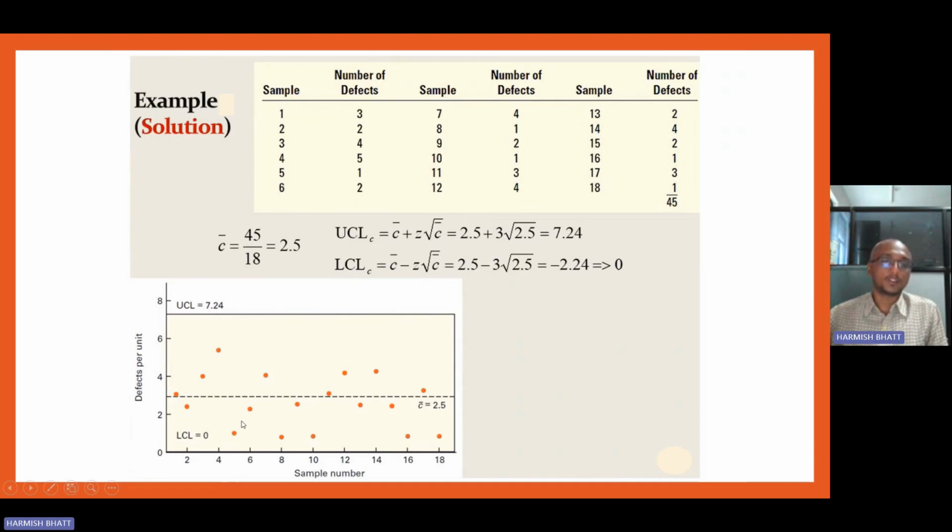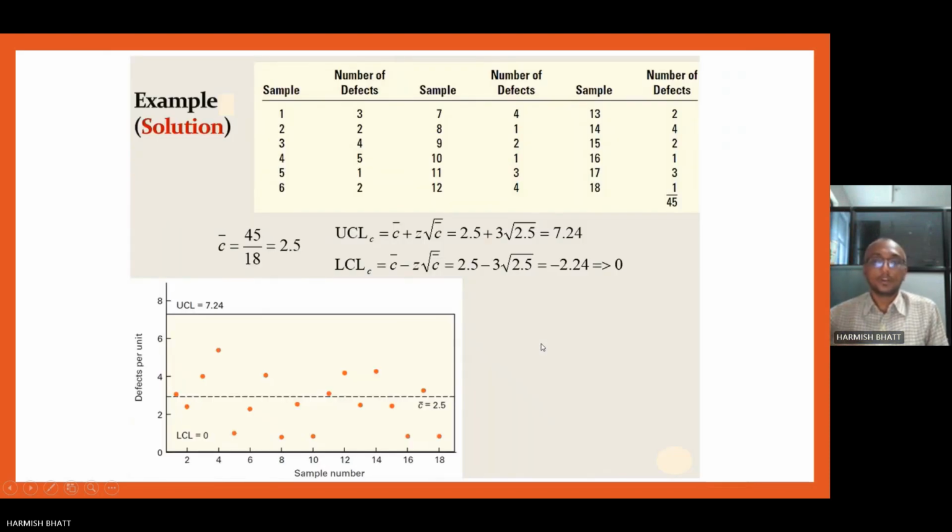All these points, shown here with orange dots, have been plotted, and it is found that all the data points are within the limits between the LCL and UCL. No point crosses either the UCL or the LCL. It means that this particular process is under control. Likewise, the C chart can be prepared.